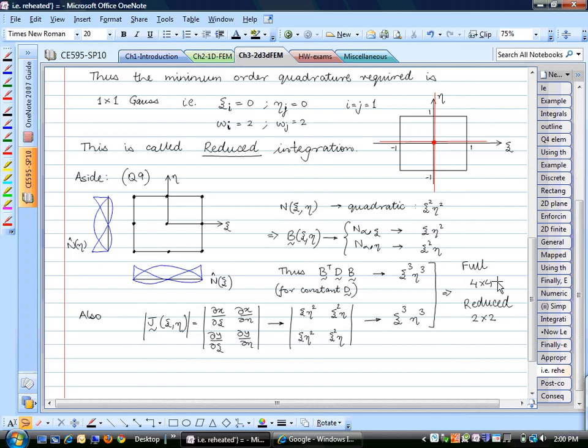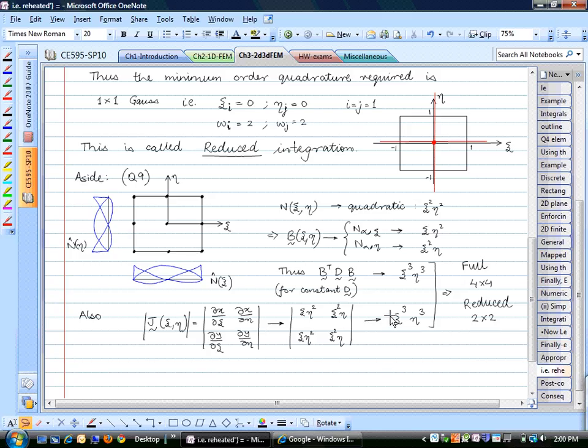You mean this 6 to this 4? Okay, so let's go over this again. We want to integrate the product of these terms exactly, right? So this is a 6th order polynomial in C, right? And we said that the Gauss quadrature, if I choose n points, the polynomial order that I can integrate exactly is 2n minus 1.